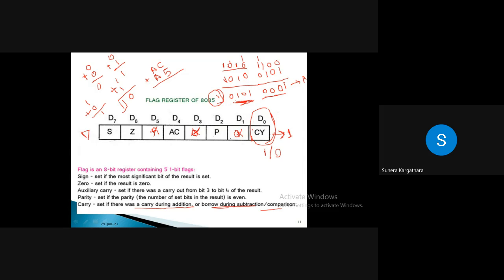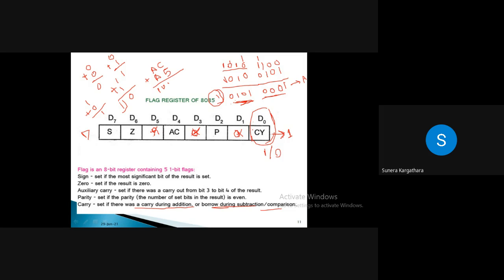Now after that, your D1 bit is don't care. D2 bit is for parity. What we mean by parity is, suppose you have some result, let's say for example 101. Let's say this is our result. How many ones do we have in our result?